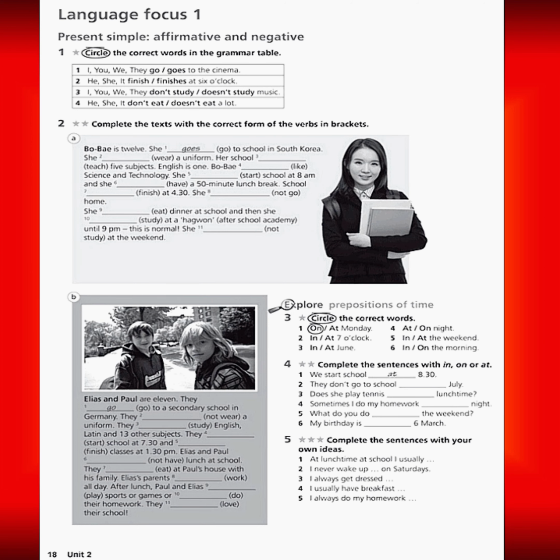Workbook, page 18. Language Focus 1. Present Simple, Affirmative, and Negative. Section 1. Circle the correct words in the grammar table. Section 2A and B. Complete the text with the correct form of verbs in brackets.